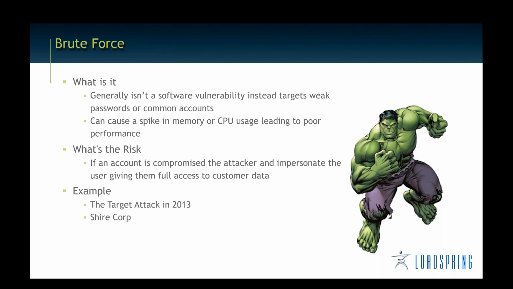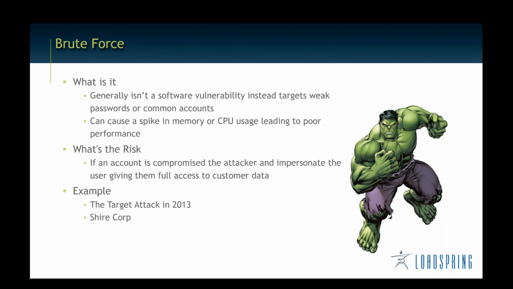Another example of this is the Target attack which happened against the superstore Target back in 2013. But in that scenario, the attackers were able to gain access to vendor information and then use that vendor information to compromise an application that had elevated privileges in Target's network.